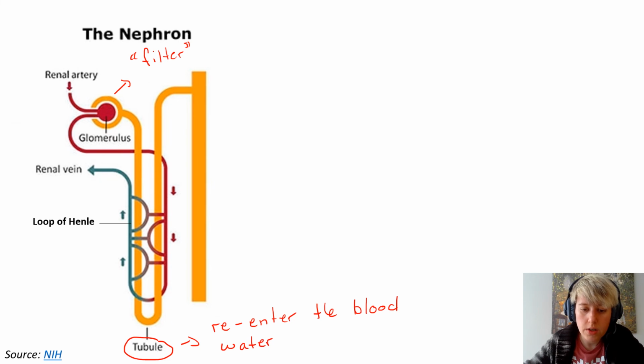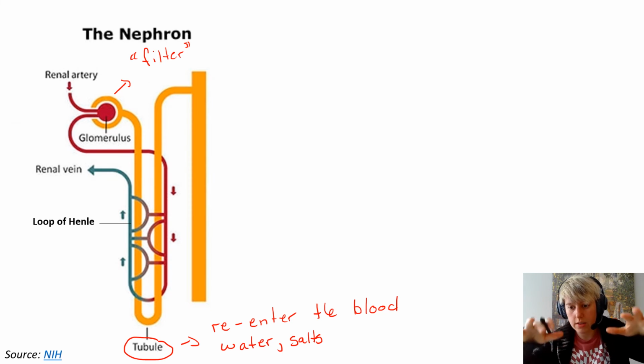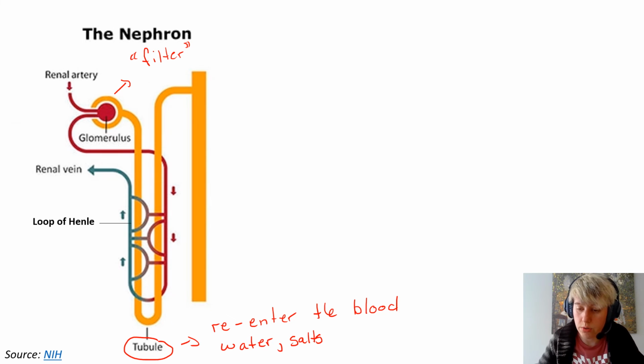Also, you can have things like salts re-entering the blood. So if specific salt levels are too high or too low, well, if it's too high, it would stay in the tubule and then eventually become urine. But if it's too low, then again, you have a cascade of hormones that would basically trigger the tubule to reabsorb those salts.